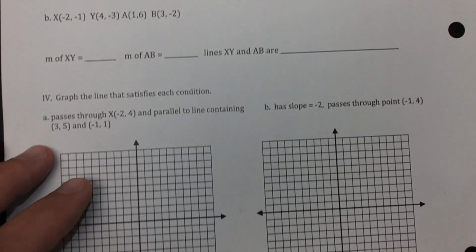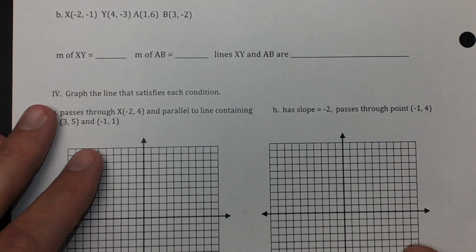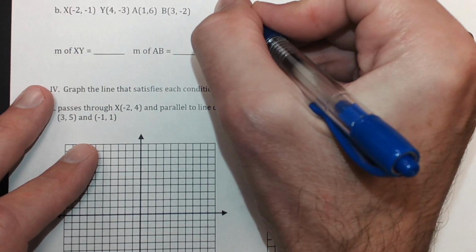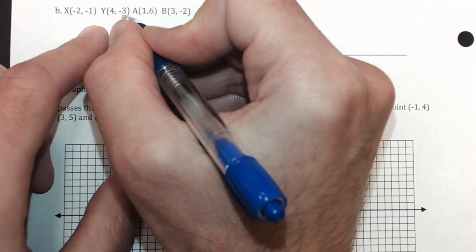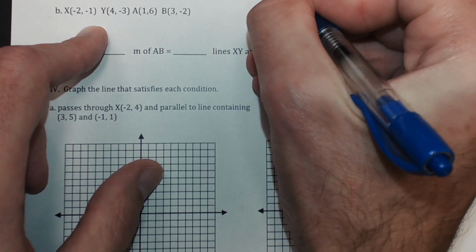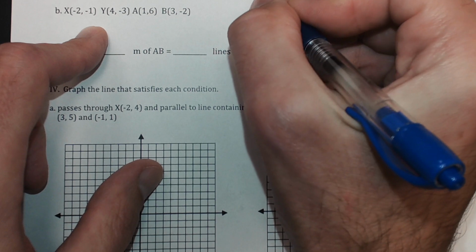Let's do that again. For, again, points x, y, and a, b. What is the slope of x, y? We're going to take your difference of y's, which is -3 minus a -1. I'm just going to go ahead and change that double negative to a positive.